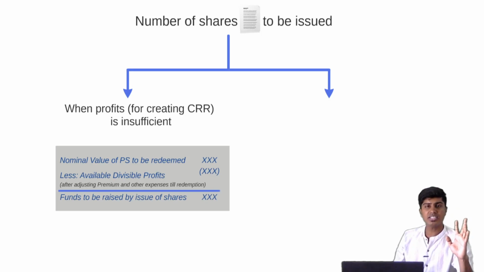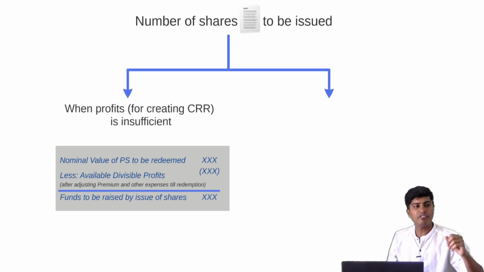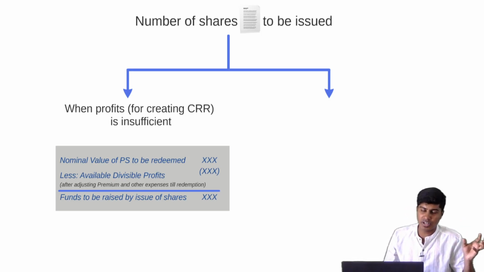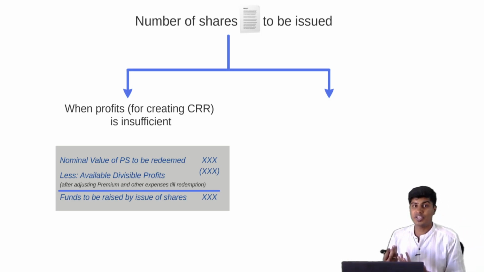For such deficiency in reserves of 20,000, we would have to issue fresh equity shares. So when I have to pay 1 lakh rupees to my preference shareholders, 80,000 is from internal funds and 20,000 will be by fresh issue.